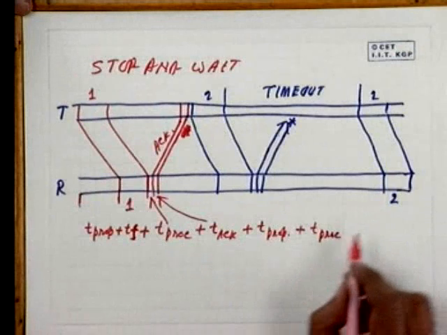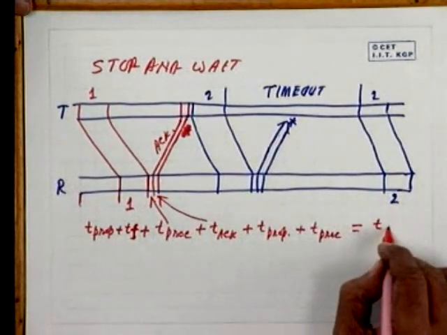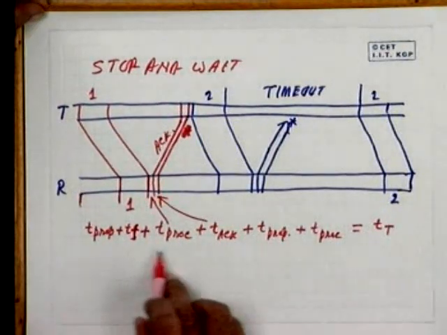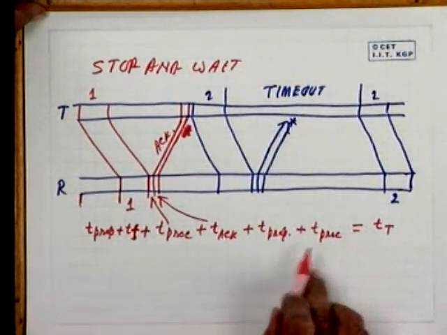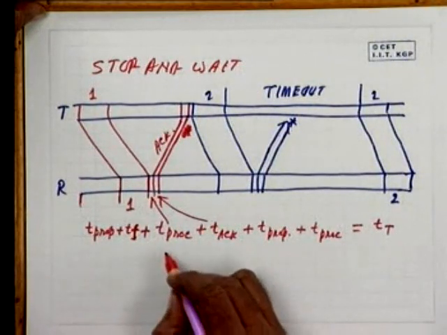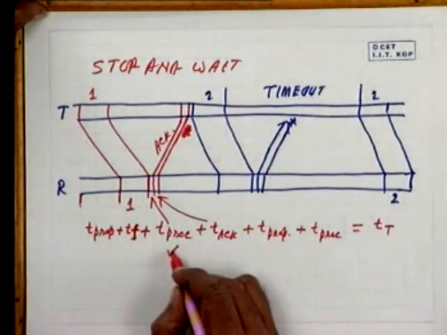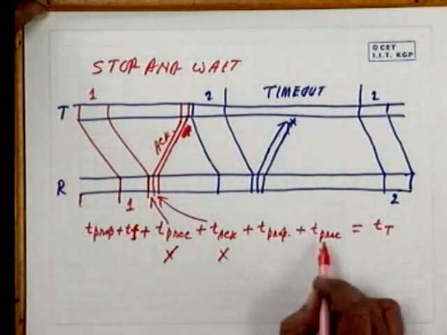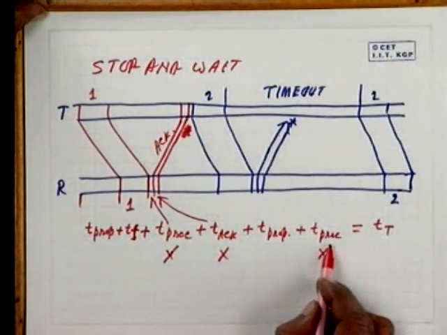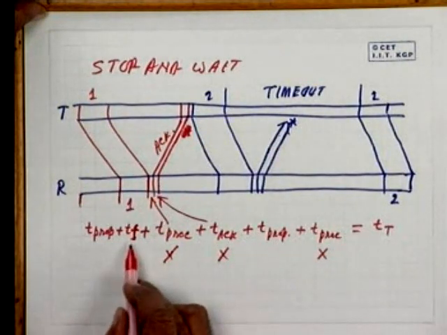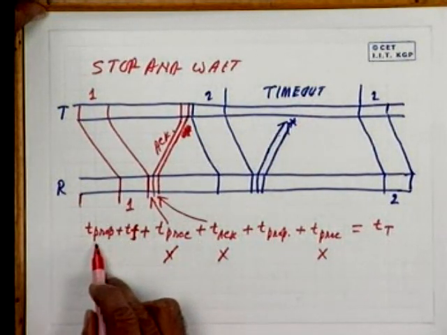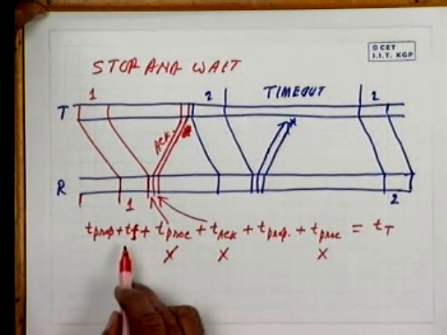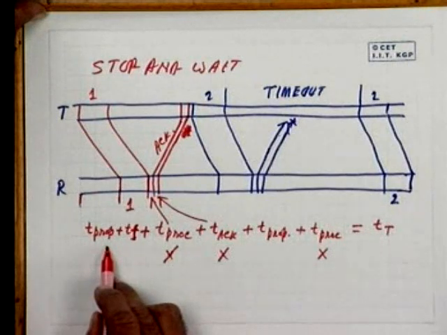These are the different components that make up the total time needed to send a frame. Now, out of these components, the T processing and T acknowledgement time can be ignored because these times are small compared to TF and T propagation, that is, the transmission time and propagation delay.